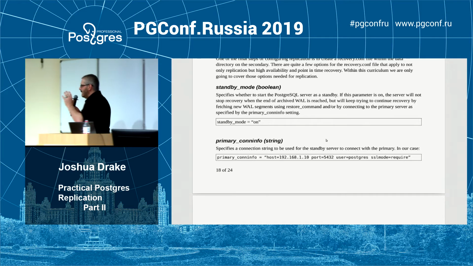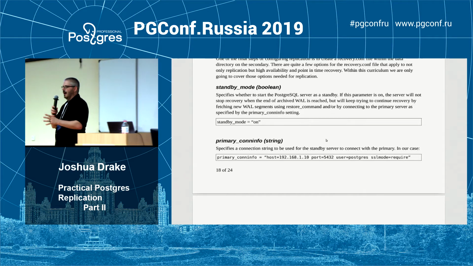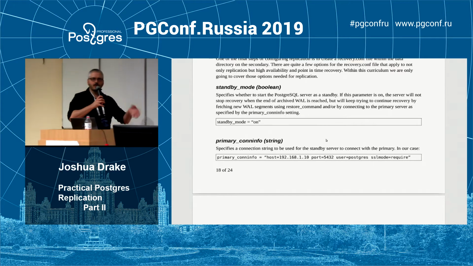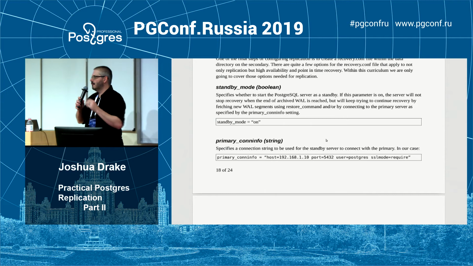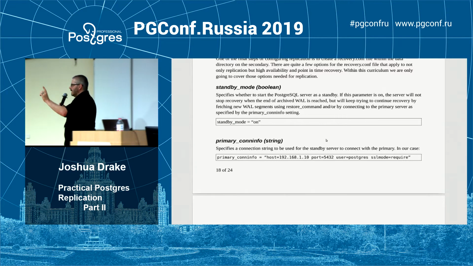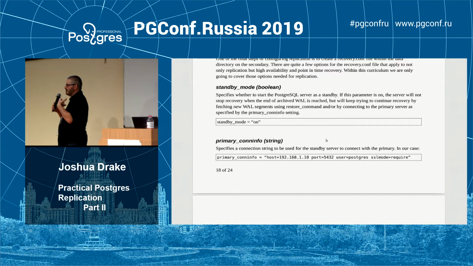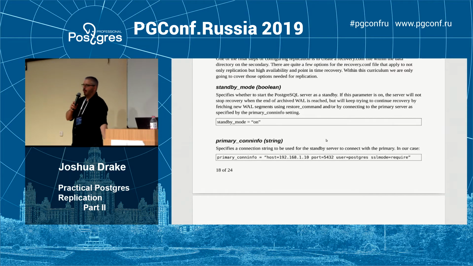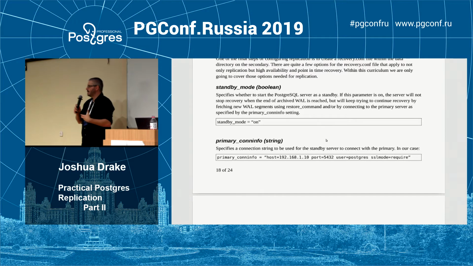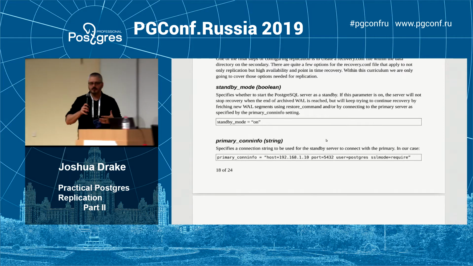While you're taking the base backup, you can be shipping logs to the standby and configure it in a manner that instead of connecting over the network to get everything from the replication slot, it will restore from the archive logs it already has until it can't, and then it will connect and get all the updates. It's actually a pretty useful way to do it, depending on what kind of resources you have available.